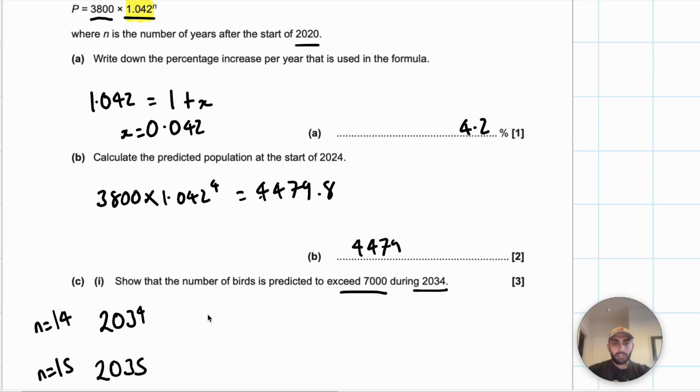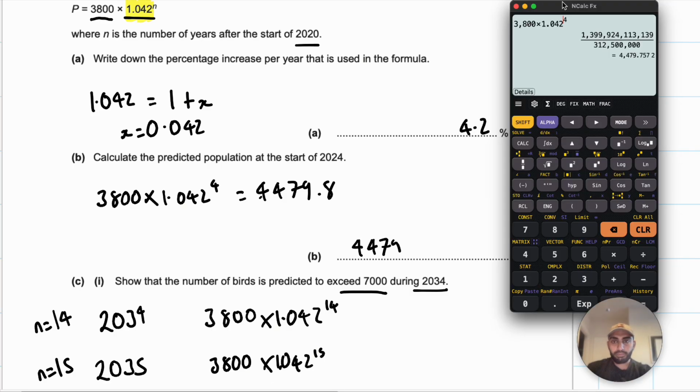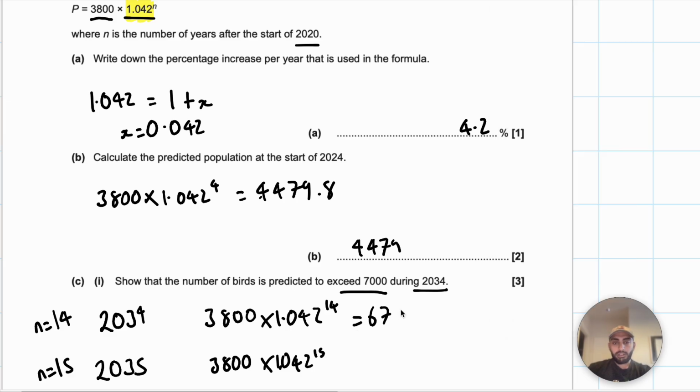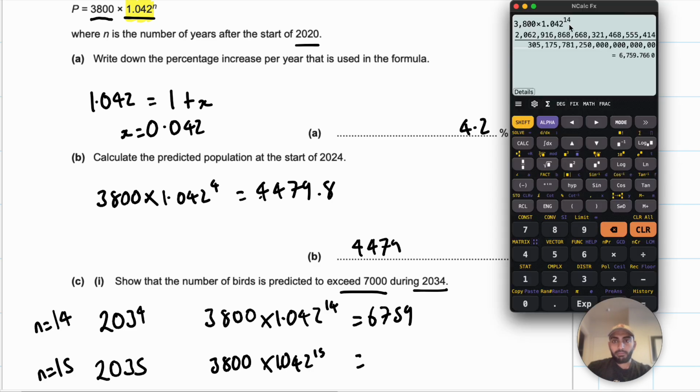So just copy out the formula, 3,800 multiplied by 1.042 to the power of 14, 3,800 times 1.042 to the power of 15. All I need to do is swap this with a 1, so that becomes 6759, and when it's to the power of 15, it gives me 7,043.